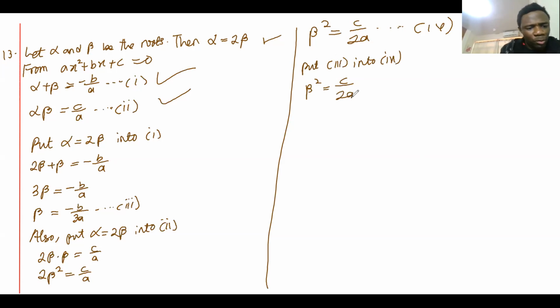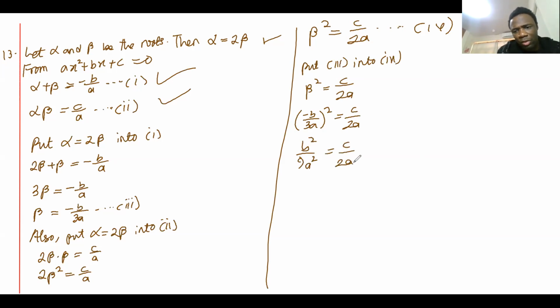From 3, you have beta is equal to minus b over 3a, so you can put that on the left. Minus b over 3a squared is equal to c over 2a. So this is going to be b squared over 9a squared equals c over 2a. You cross multiply, you get 2ab squared equals what?